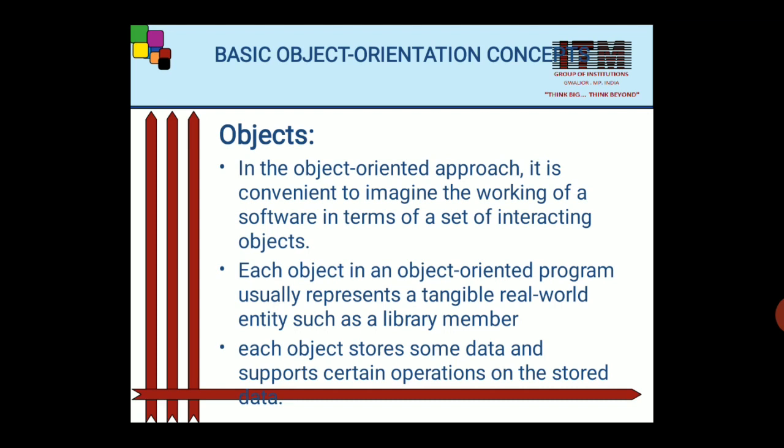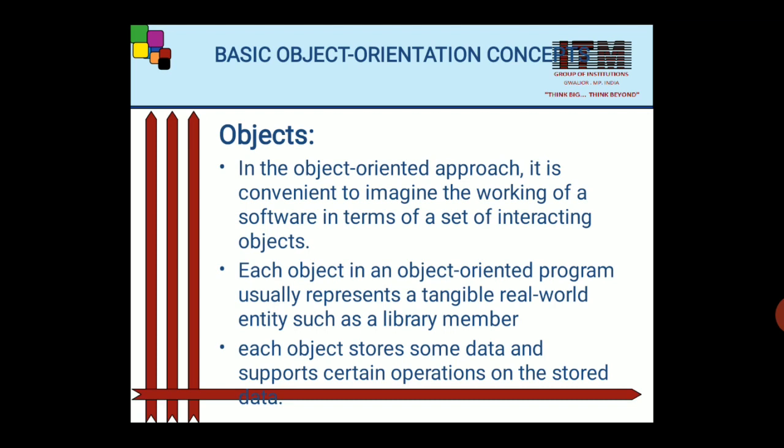Each object stores some data and supports certain operations on the stored data. Again, consider the library member example. The library member is an object of our library automation application.